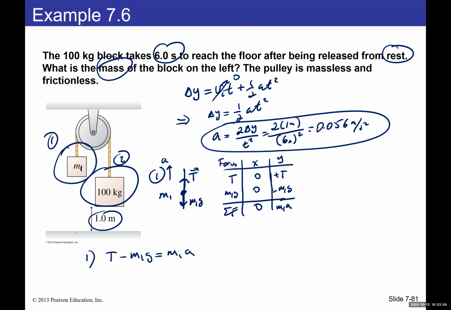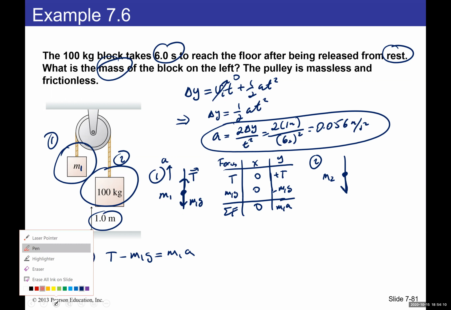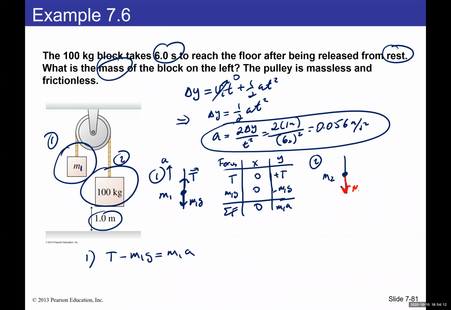Then I look at system 2, with mass 2, 100 kilograms. It has 2 forces: M2G, the weight, and the tension.